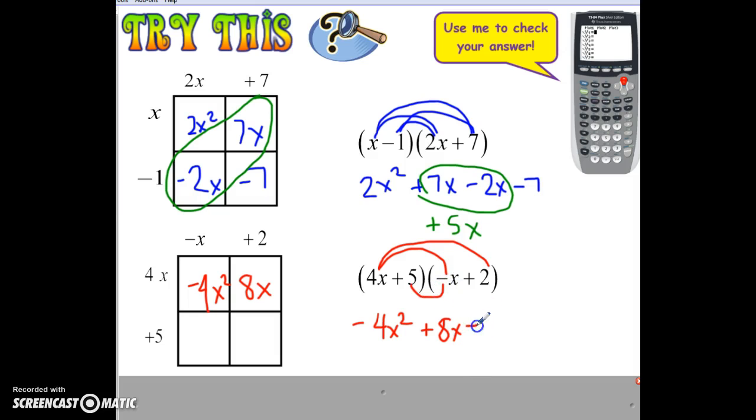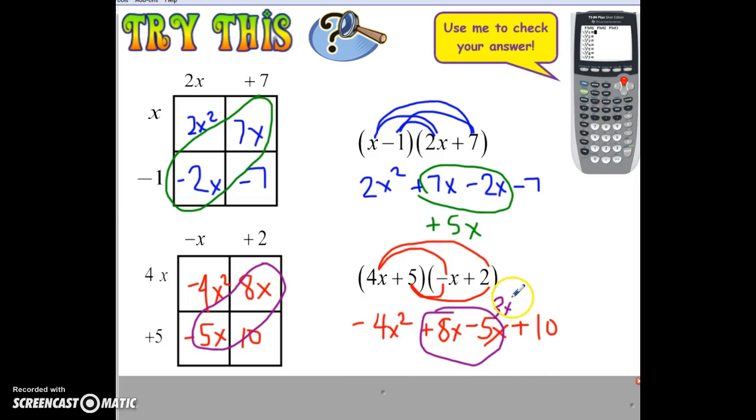Inside is minus 5x, which should be this bottom box. And then the L is the last terms, which is plus 10, which is this box. And then combining here and combining here, you get 3x. So your final answer would be negative 4x squared plus 3x plus 10.